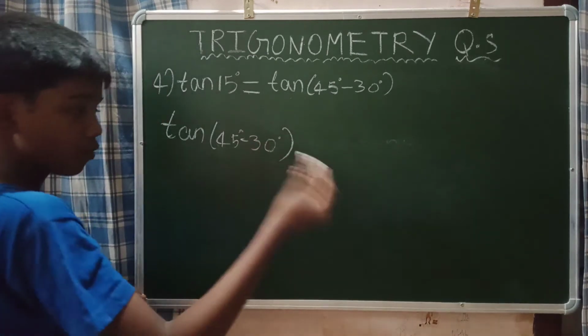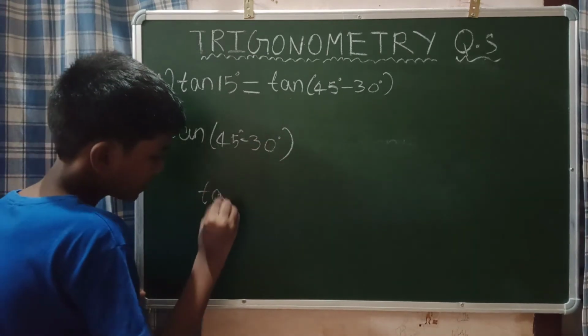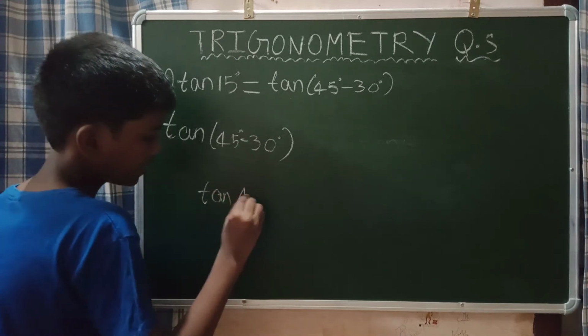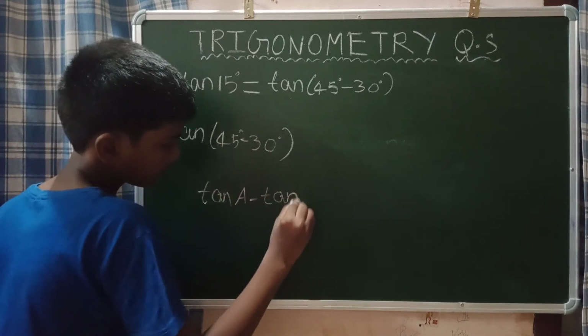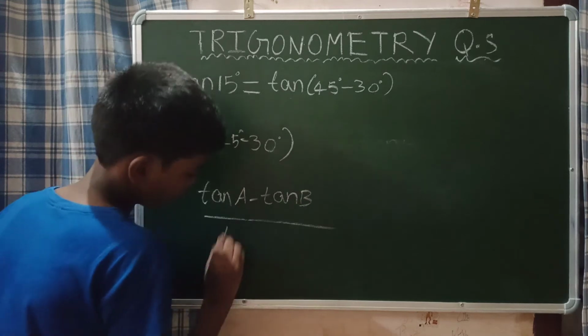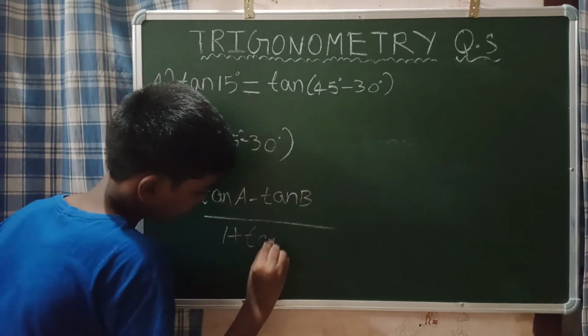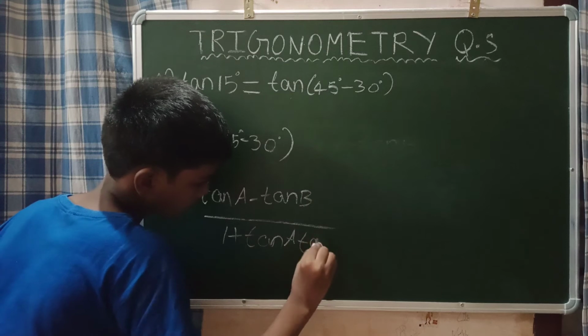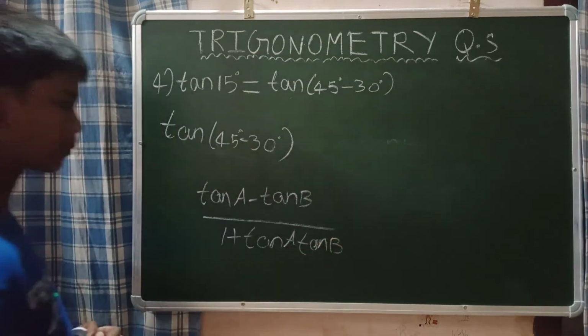Now I write the formula below: tan A minus B is equal to tan A minus tan B divided by 1 plus tan A tan B. This is the formula.